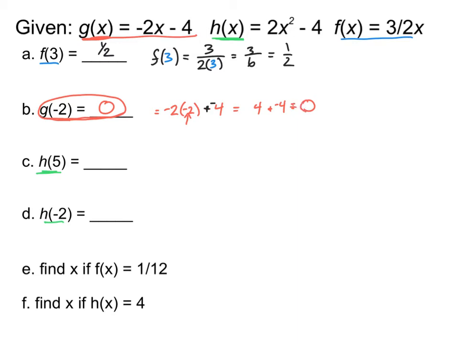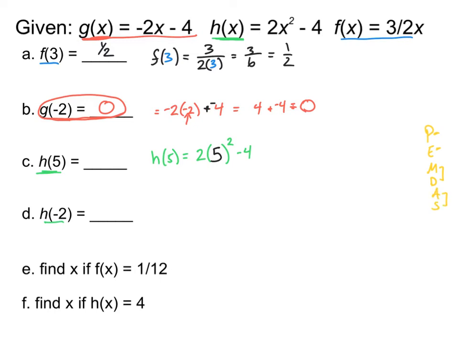Moving on down to the next one here, h of 5. So h of 5 is going to be 2 multiplied by x squared minus 4, and I put 5 in there. This is extremely important with the exponents. Remember, our order of operations is PEMDAS, which means I do parentheses, then exponents, then multiplication or division, and then addition or subtraction.